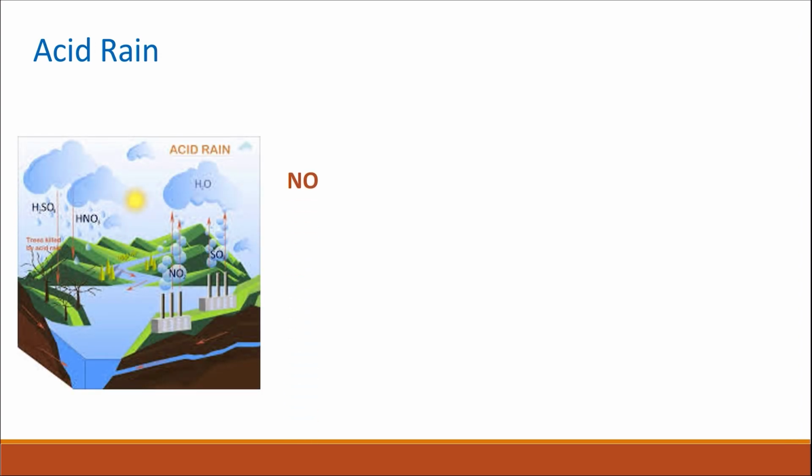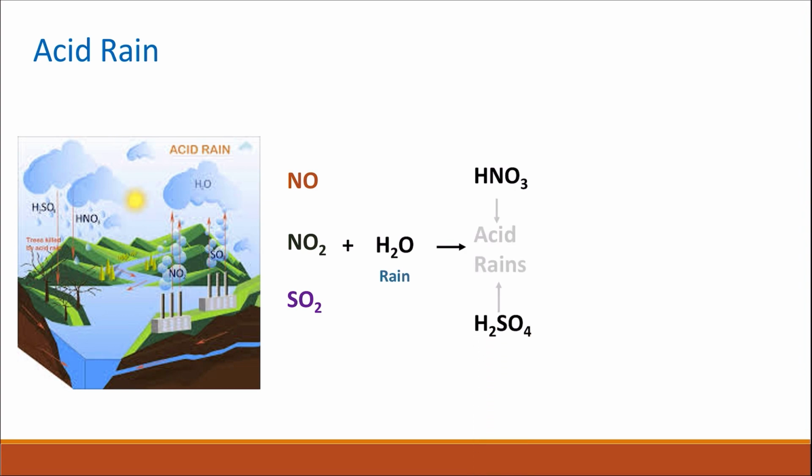Acid rain is caused by the different oxides that are produced, like nitrogen oxide, nitrogen dioxide, and sulfur dioxide. When the rain falls, these oxides dissolve in water from the rain, and they will give you nitric acid and sulfuric acid, and this acid will cause the acid rain.